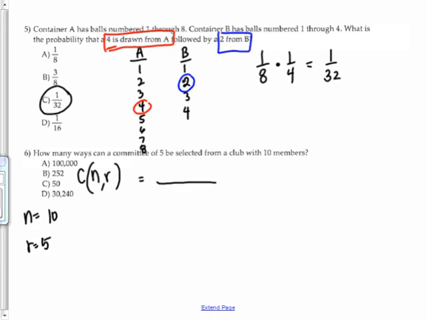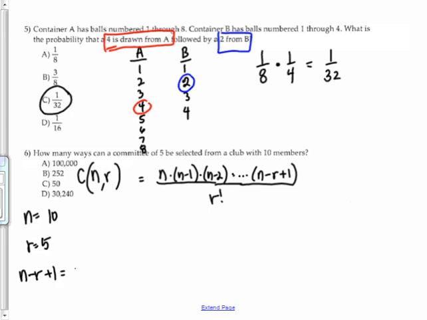Your formula said that you start with n, times n minus 1, times n minus 2. You keep counting it down all the way until you get n minus r plus 1, over r factorial. Before I can fill that in, I need to figure out what n minus r plus 1 is.